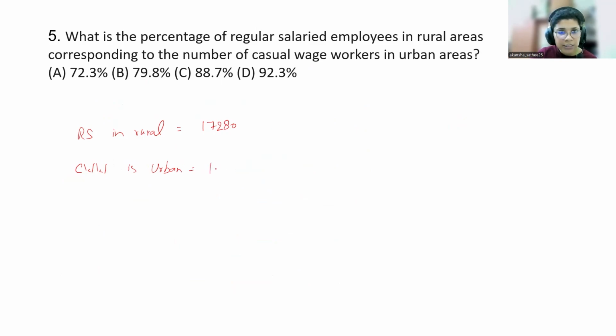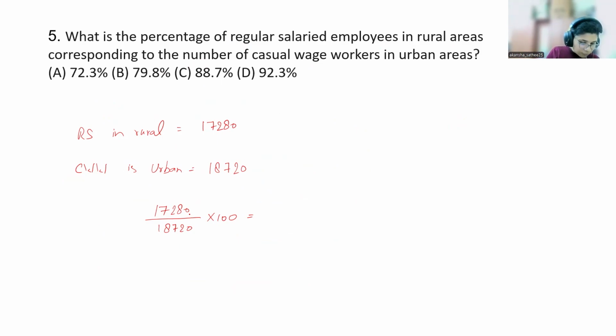So 18,720. Now, what they are saying, what is the percentage of regular salaried in rural corresponding to this, you have to compute. So how will you compute it? 17280 divided by 18720 into 100. Let me do this calculation.